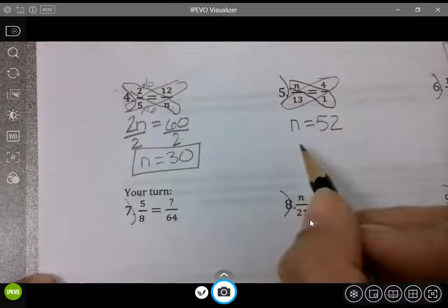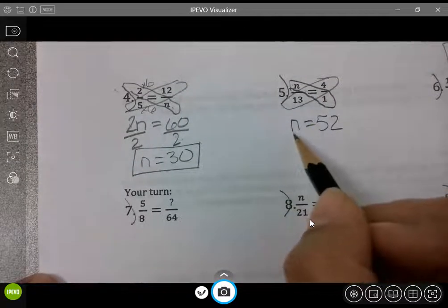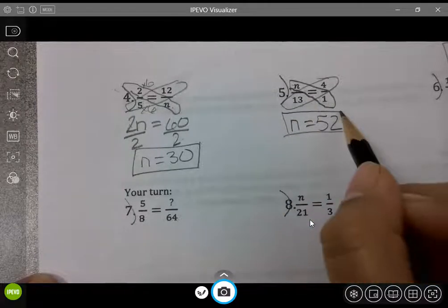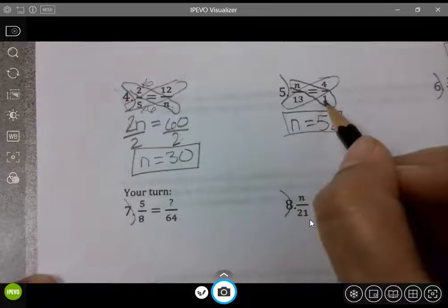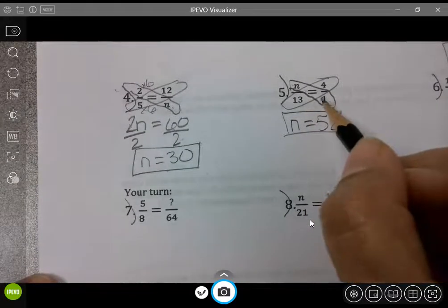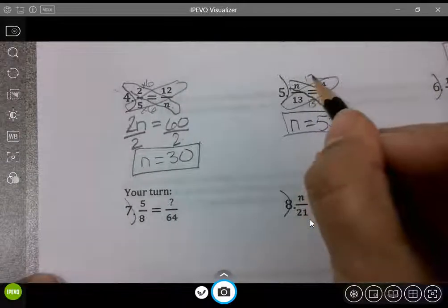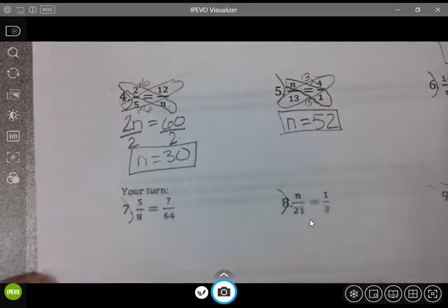Multiply, but oh, look. What's with my n? Nothing. So I don't have to divide. That is my answer. And I can check. 1 times what equals 13? Well, times 13. So if I multiplied this by 13, I would have to multiply my 4 by 13. 4 times 13, 52.